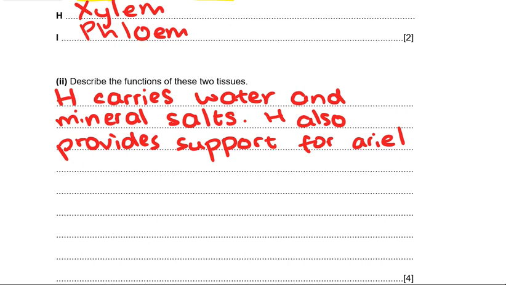Aerial. Okay, so that is how you spell aerial. Sorry about that.